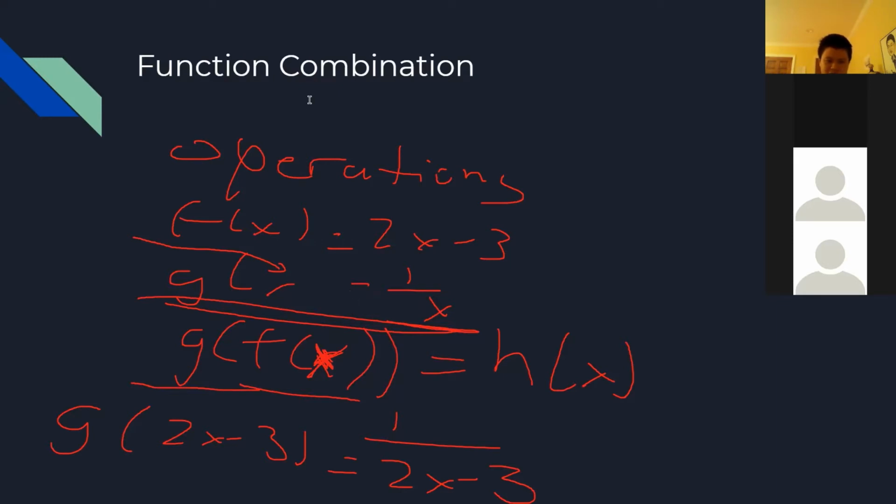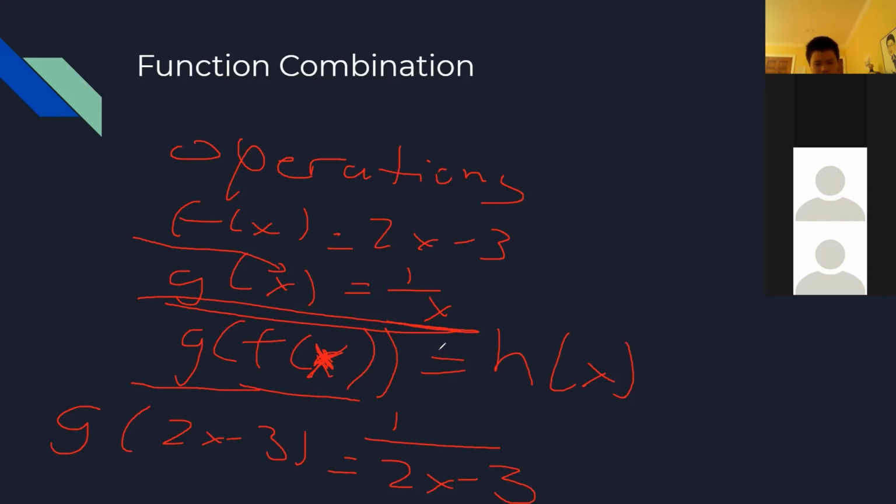Since the result of the input determines what gets put in the actual equation, this gets substituted into this, which is 2x minus 3, and so the final h(x) would be 1 over 2x minus 3.